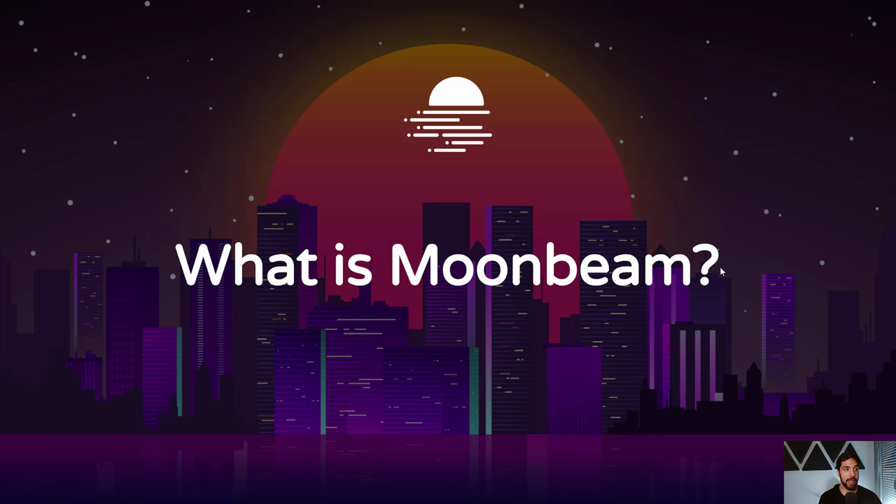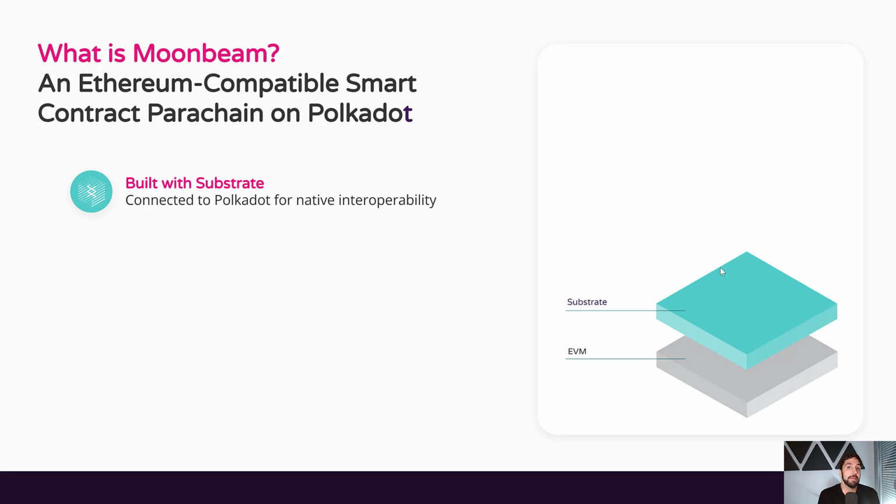Cool. So now that we've talked about Polkadot, we can go ahead and talk about what Moonbeam is, although you might have a slight idea, right? First, Moonbeam is a parachain on Polkadot, as you would expect. The main added value that we bring to the ecosystem is an Ethereum compatible smart contract platform, right?